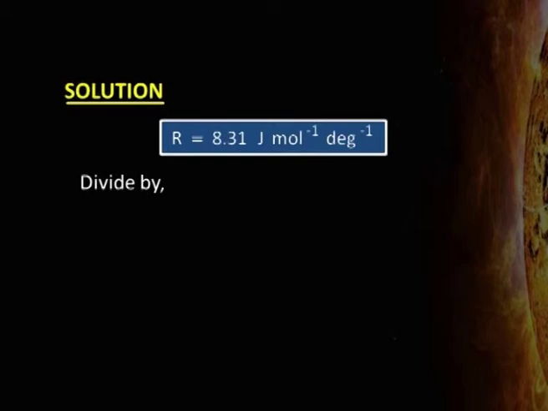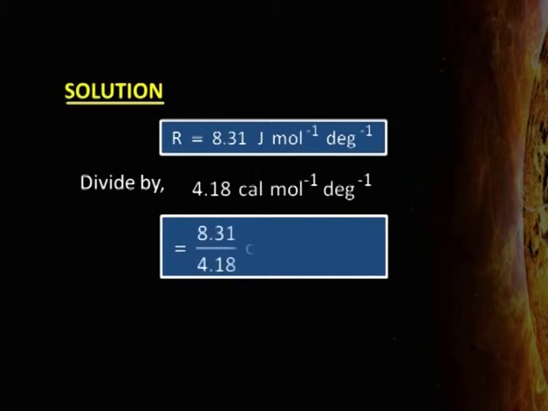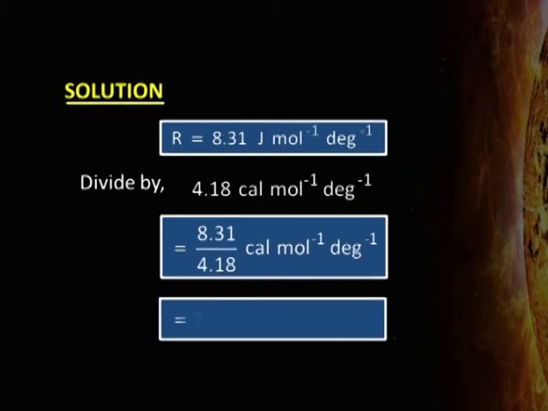As Cp is given in the units of calories, we will convert R into calories. To convert R into calories, we will divide it by 4.184. So, R will be equal to 8.31 divided by 4.18, which is equal to 1.99 calories per mole per degree.